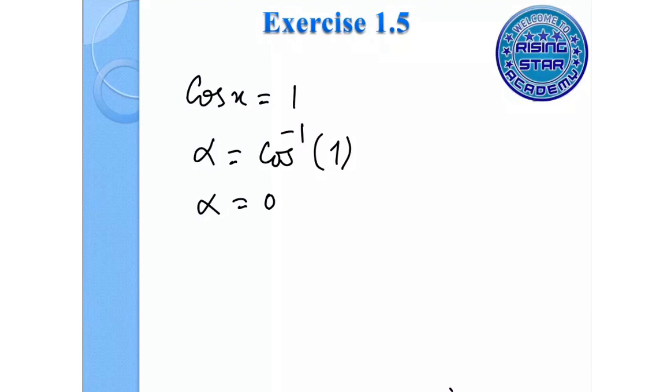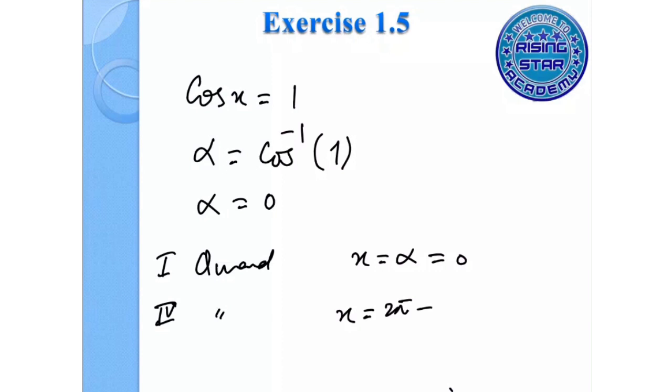Cos is positive in quadrant number 1 and quadrant number 4. So for the first quadrant, our angle would be x is equal to alpha, which is 0. For the fourth quadrant, x is equal to 2 pi minus alpha, so that would be 2 pi minus 0. So x would become 2 pi.